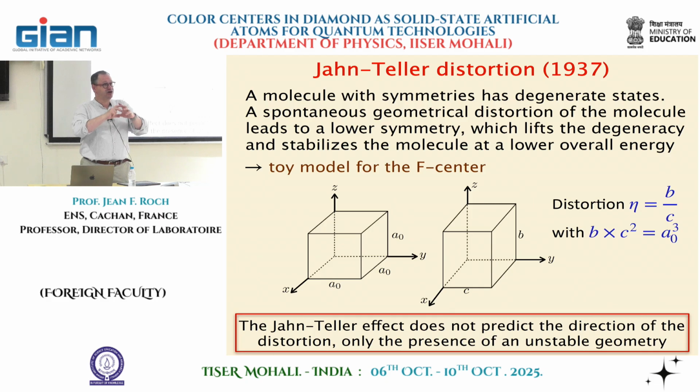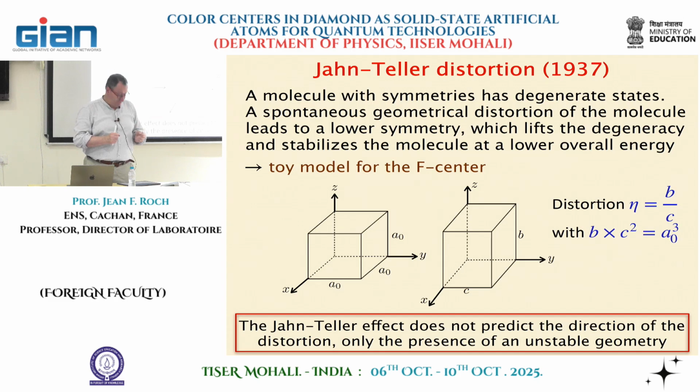So somehow very symmetrical systems will have their own energy, but if I change the system a little bit by breaking all the symmetry it has, at one point this will lead to lower energy. And somehow it's the Jahn-Teller distortion effect. If you take a system, the system, at least for the excited state, will go to lower energy by breaking its symmetry.